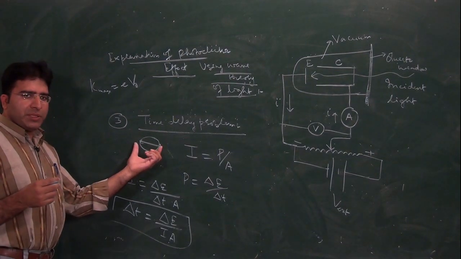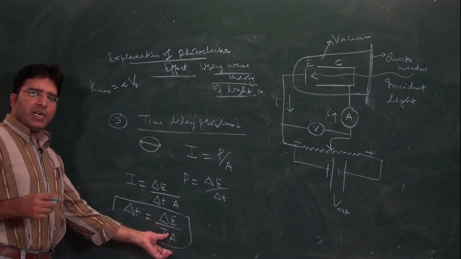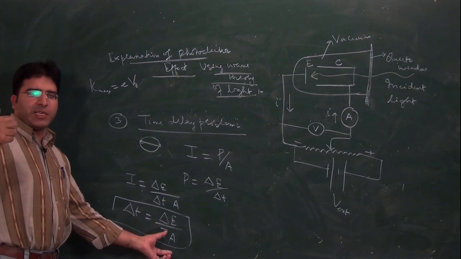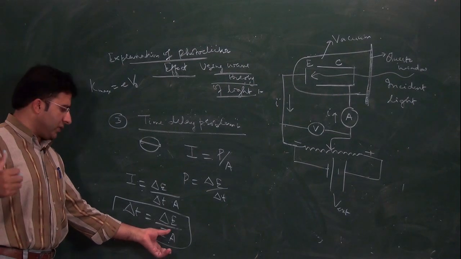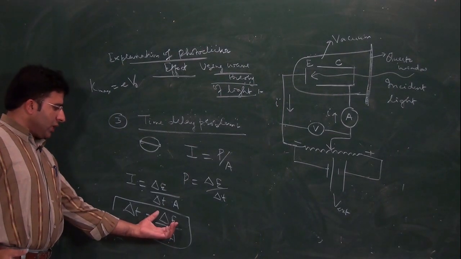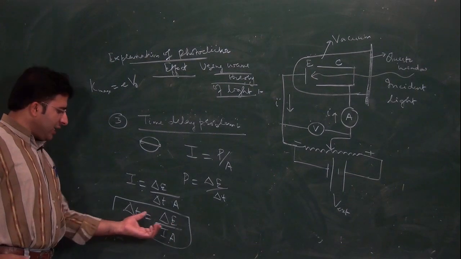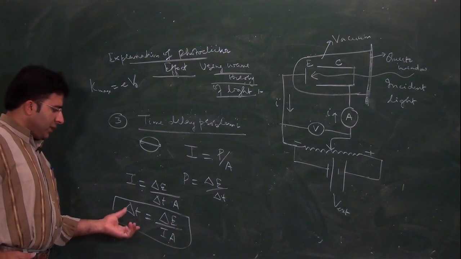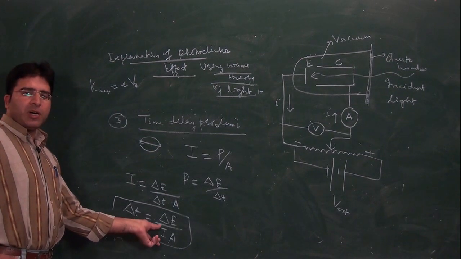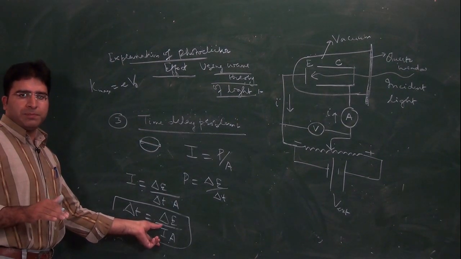That atomic diameter is small, therefore the effective area over which an electron can extract energy from the metal surface is small. Therefore, the required energy can take a long time if the intensity of the light is made small.